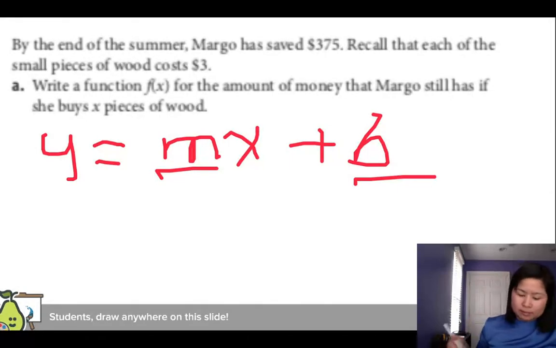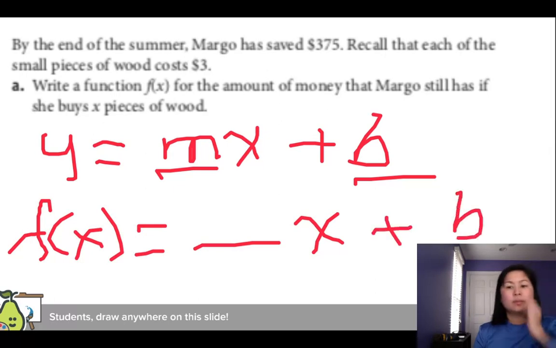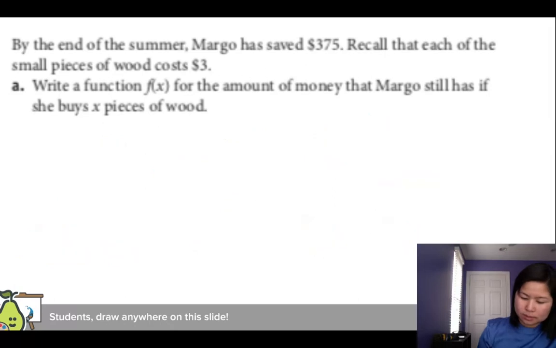So it's still f of x. Okay, it's still the function, but it's going to be a little bit different. So I see a lot of you give me this: 3, I'm going to clear this, f of x.